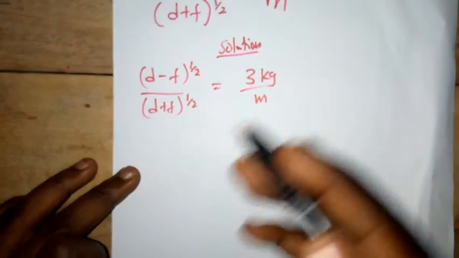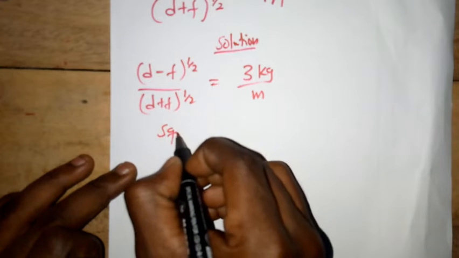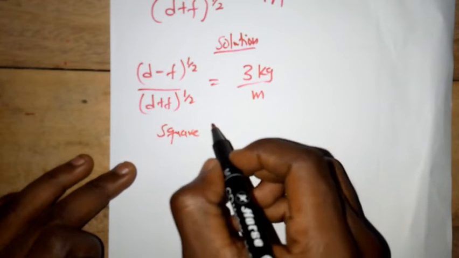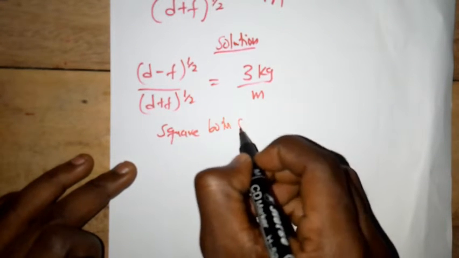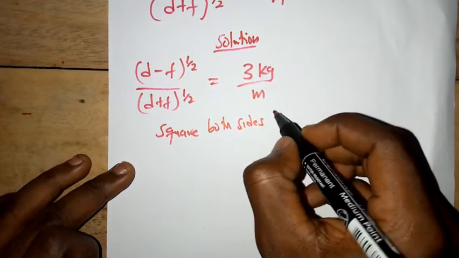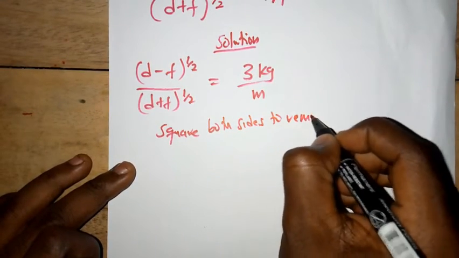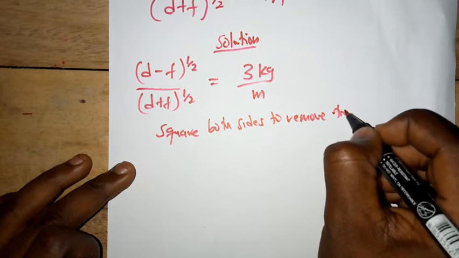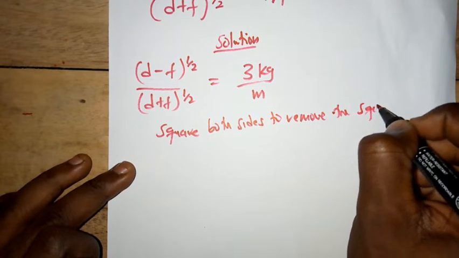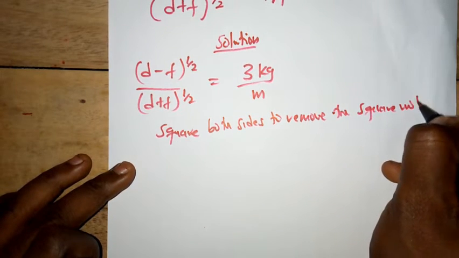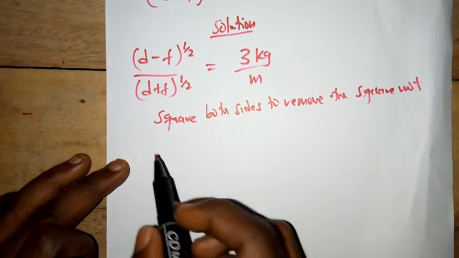Now what we can do now is to square both sides to remove the square root.